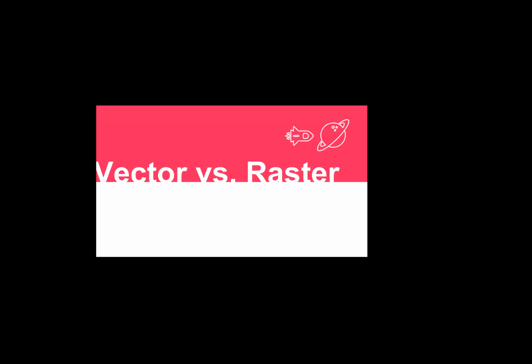So, I know you guys are probably typing. Okay, so raster means that it's pixel dependent. That means it's dependent on pixels to create an image. So there are the little squares that make up an image, the dots per inch, pixels per inch.